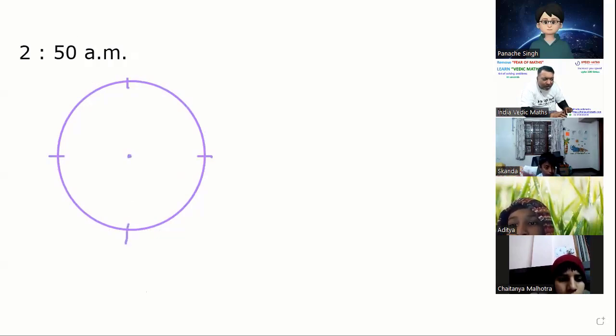At 2:50 a.m., first of all, the bigger hand, the minute hand, will be at 10, correct? Everybody agree? This is 9. This is 10. This is 3. This is 2. Correct?